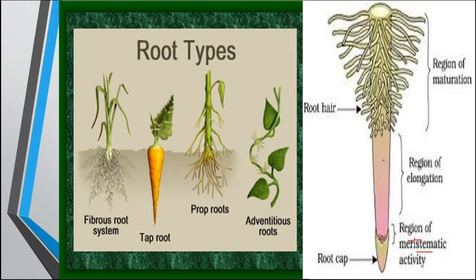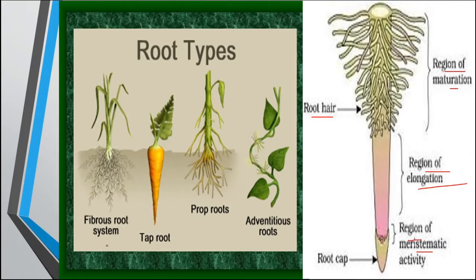These cells are pushed toward the upper side into the region of elongation, where the cells do not divide but elongate and grow in size. Then they are pushed further up into the region of maturation, where cells differentiate and mature and root hairs arise. The root hairs help in absorption of water and minerals from the soil, and send them to the upper part of the plant.